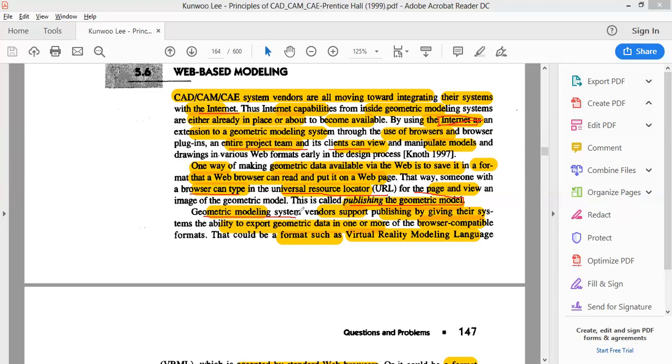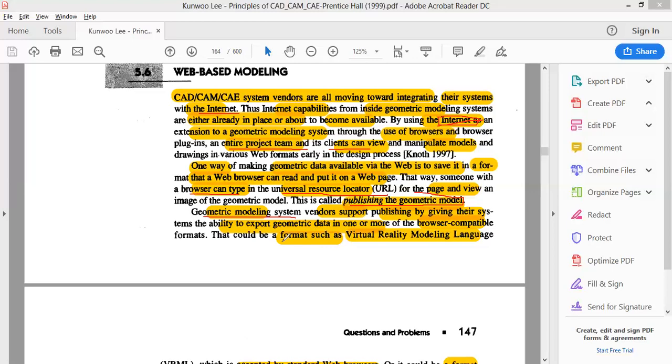Now, as of now, the internet can carry images, that is the JPEG file. It can have the letters, words, and paint files and so on. But what about geometry files, which have a different format, a drawing format, like the DWG format or DXF format, and so many other STL formats, right?